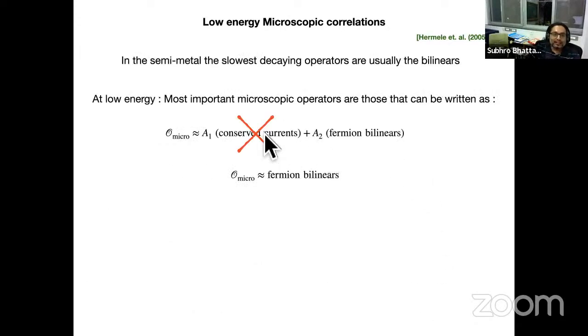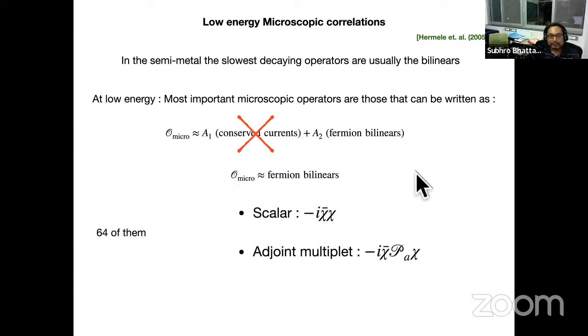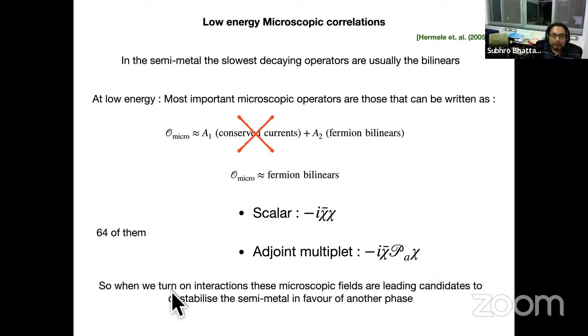In fact, it turns out that the conserved currents inside the semi-metallic phase usually are less relevant than these fermion bilinears, and so it is useful to consider only the fermion bilinears to think about the microscopic operators. There are 64 of them, as I just pointed out. So the idea is that if we turn on interactions, these fields are the leading candidates to destabilize the semi-metallic behavior in favor of another phase.